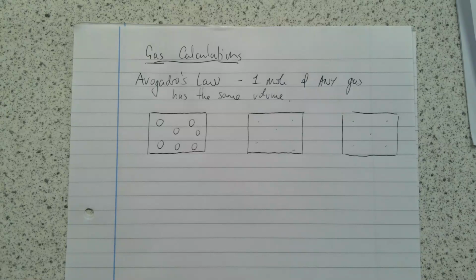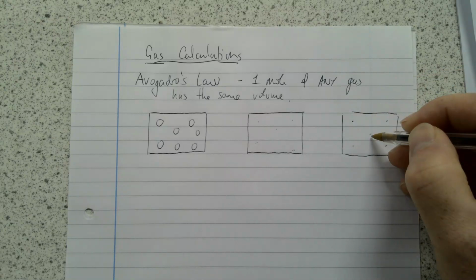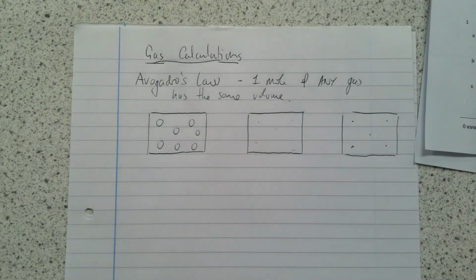They've got 3 atoms, 3 much bigger atoms, and in total the formula mass is 44 for carbon dioxide. But those gas particles are ever so slightly bigger. But can you see that relative to the size of the box, the size of those molecules are negligible still? And so it doesn't matter what gas it is, the volume of the gas is the same regardless of what gas it is.